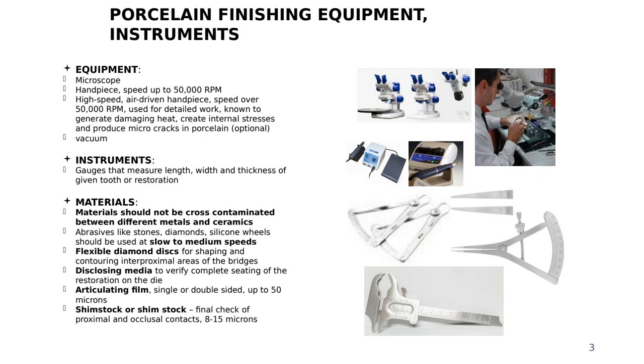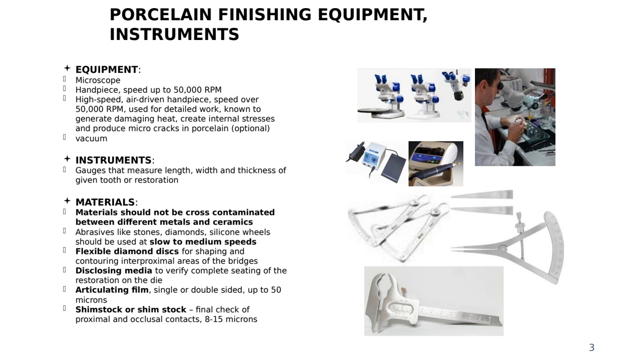So we need a microscope, especially for old ceramics. Sometimes we might have a microscopic fissure in there, like a little crack, that you can't see with the naked eye. So it's good from time to time to stop, take your crown and look at it.